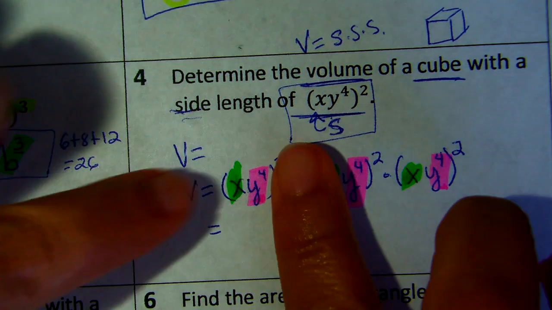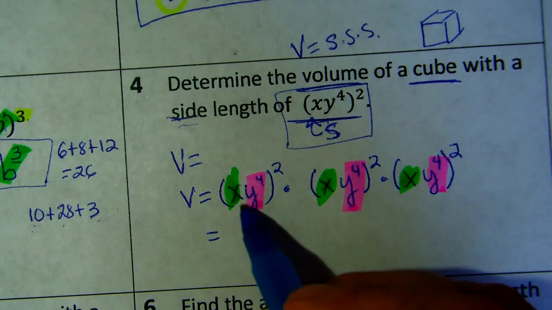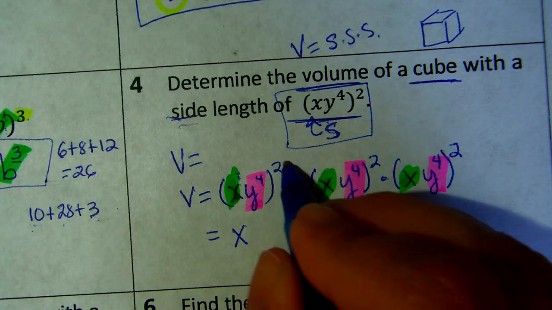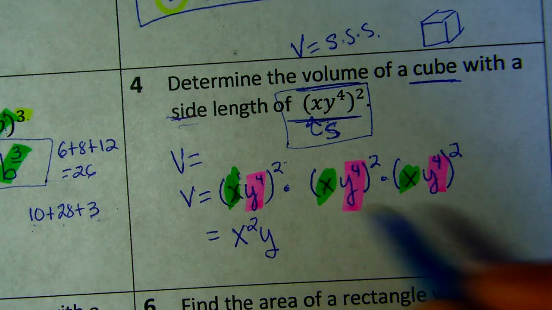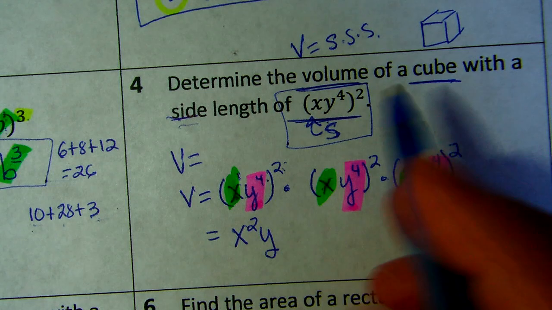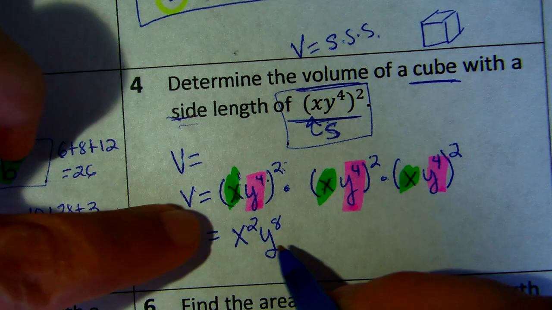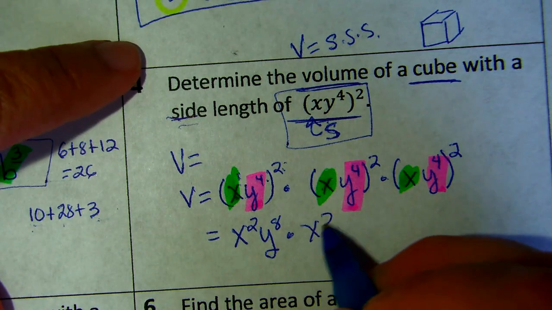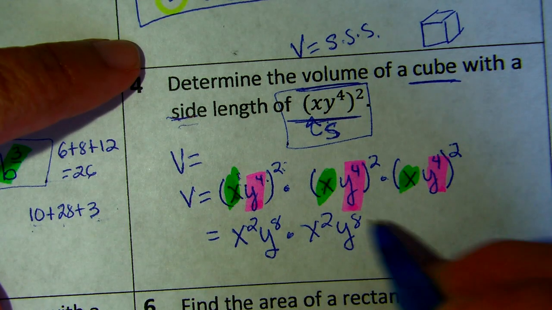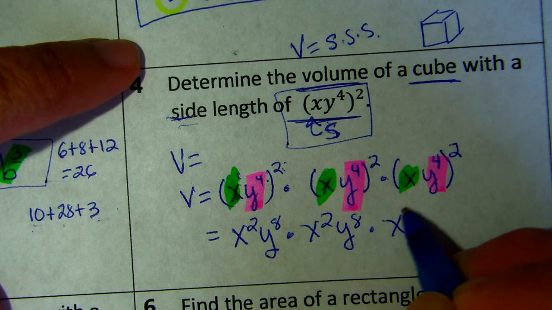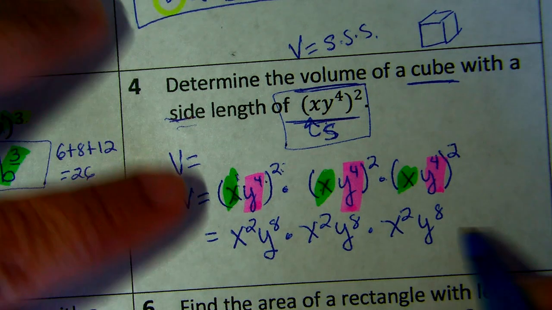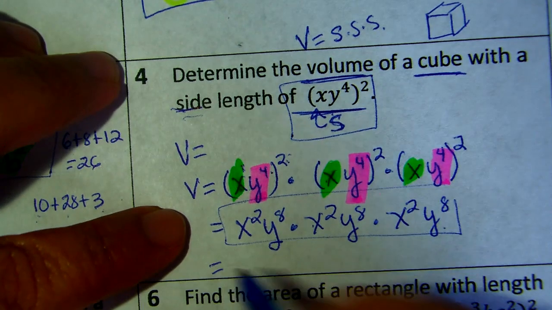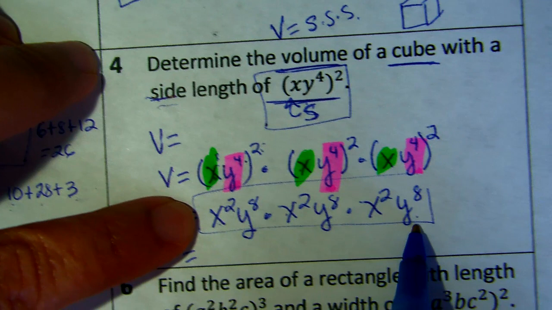So first I'm going to simplify this expression, okay? So x to the power of 1. So 1 times 2 is 2. And then the y, 4 times 2 is 8. And we know that this is the same as these other two, so I'm just going to repeat the expression. And now the last part is to multiply everything. All of these are multiplying.